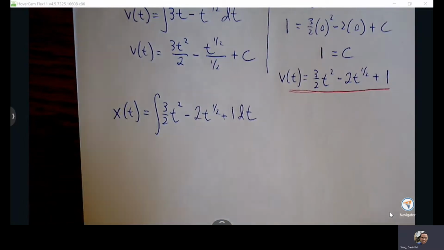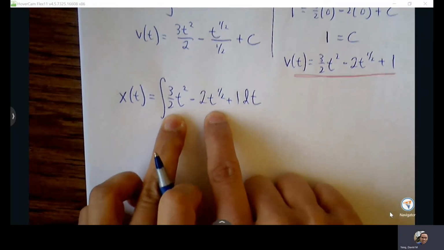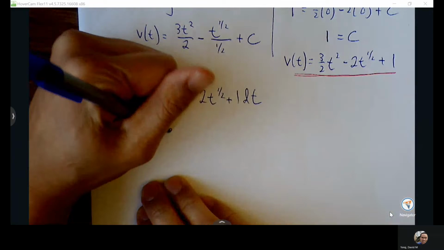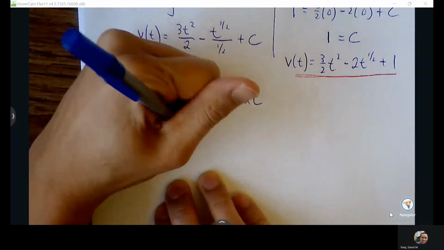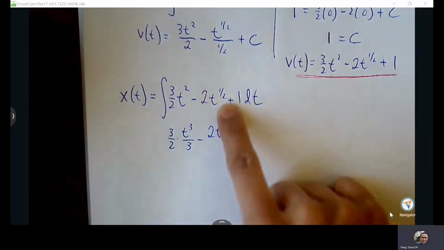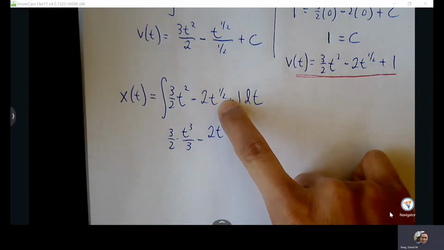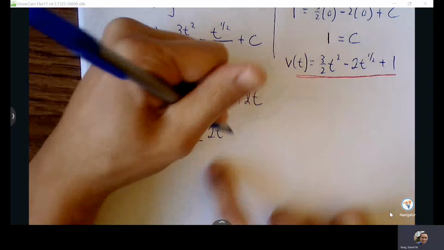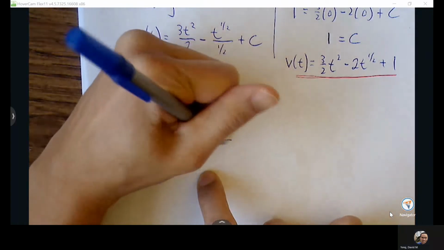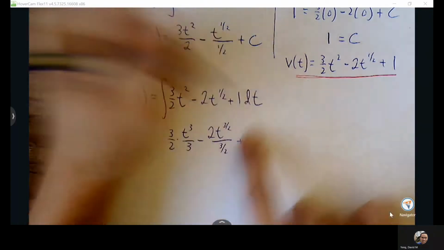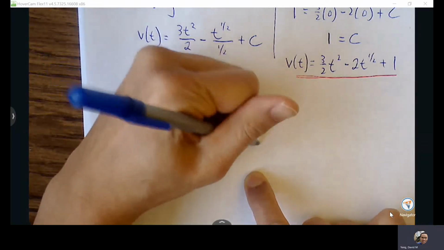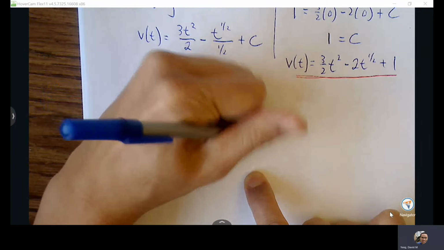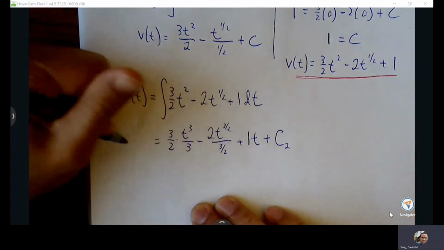Okay. Jump directly into power rule. All these terms are set up nice and ready for power rule. Add 1 to the exponent. 1/2 plus 1 is 3/2. 1 becomes 1x or 1t, and then another c is going to show up.